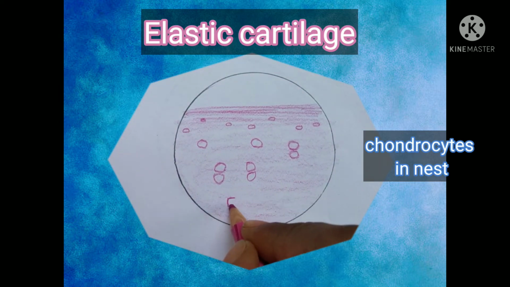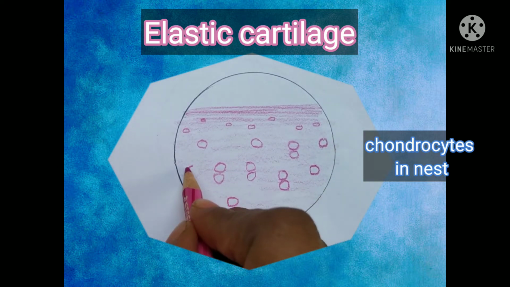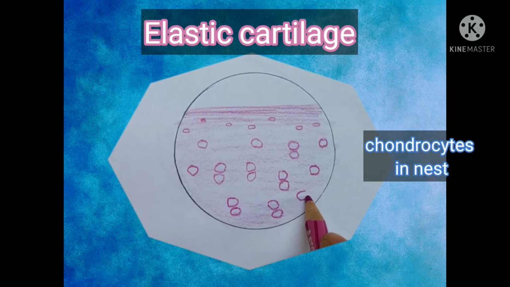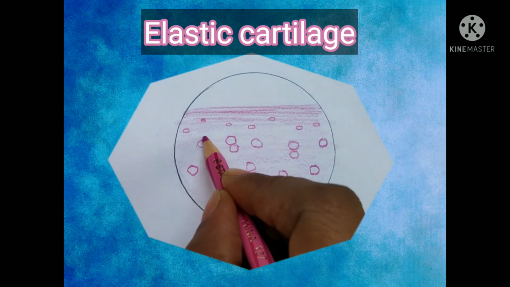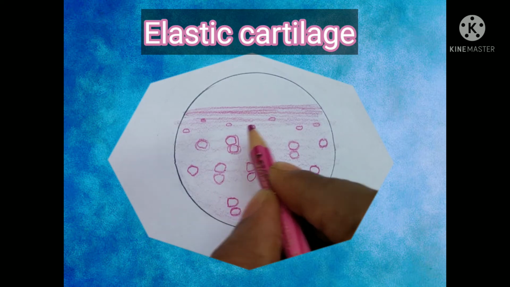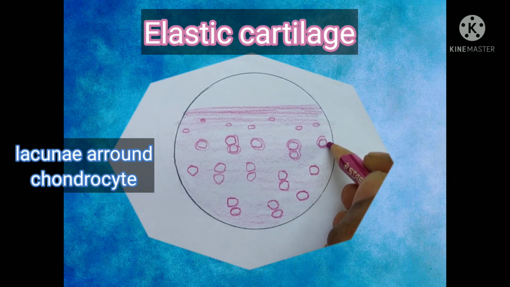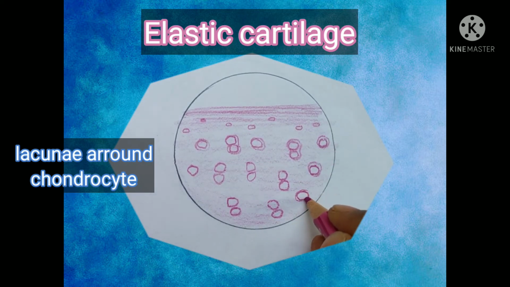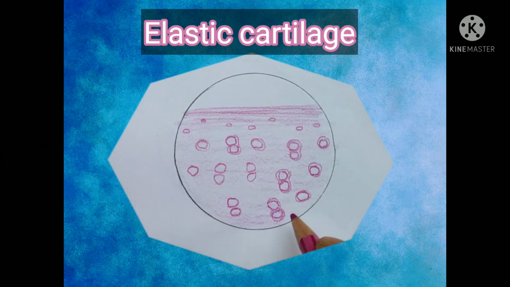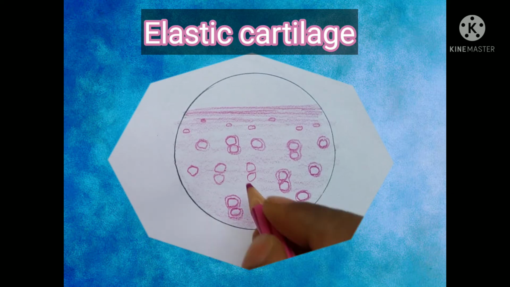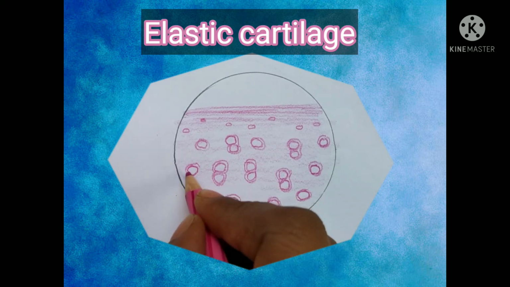These cells are present in a lacuna, the space. They are a little bigger compared to hyaline cartilage. Make sure to write the lacunae, the central round nucleus, and the surrounding matrix is filled with highly branching and anastomosing thin elastic fibers. You also find type 2 collagen fibers, but it is very difficult to distinguish between the elastic and collagen fibers in H&E stains.